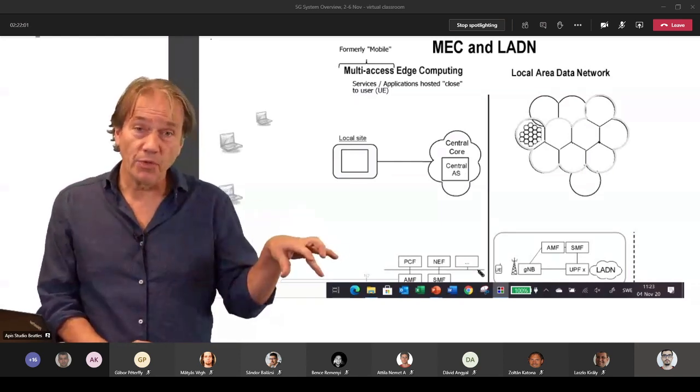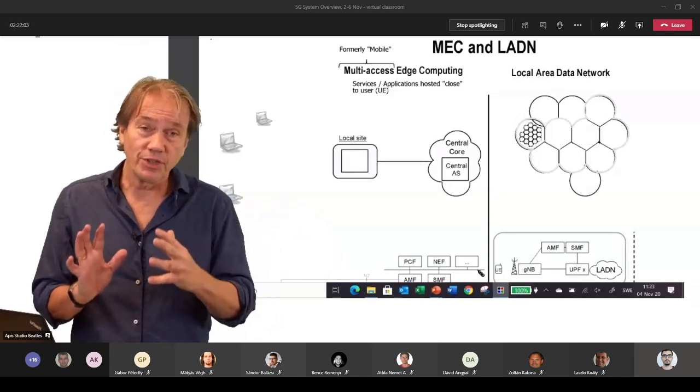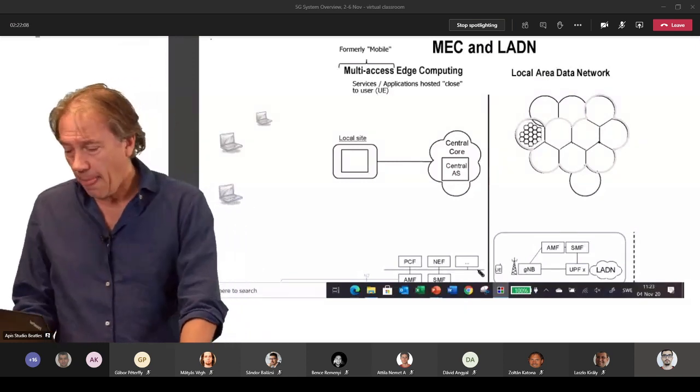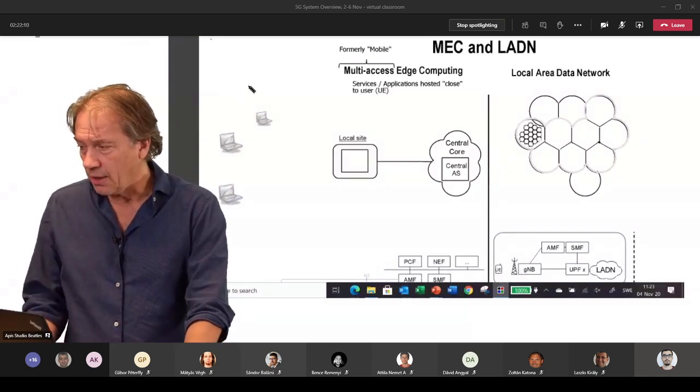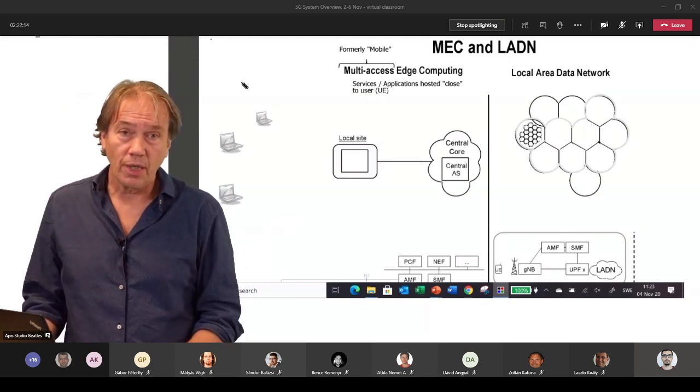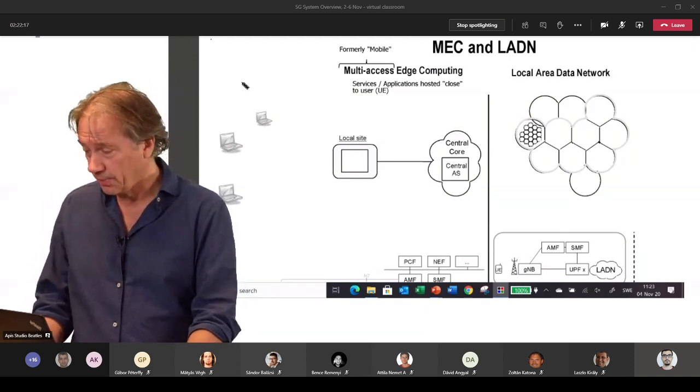They are members of 3GPP, but ETSI is a separate standardization organization. So there is an ETSI MEC architecture, and I will show you a slide in a minute or so.